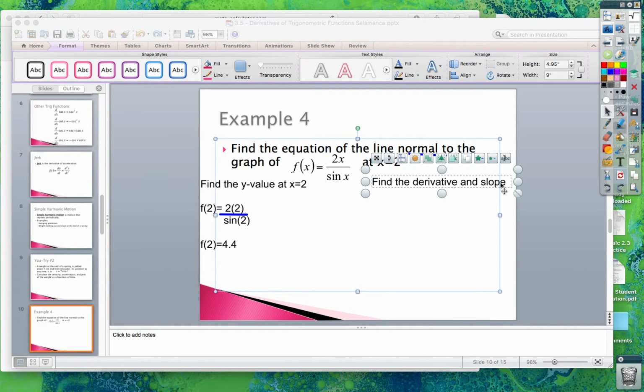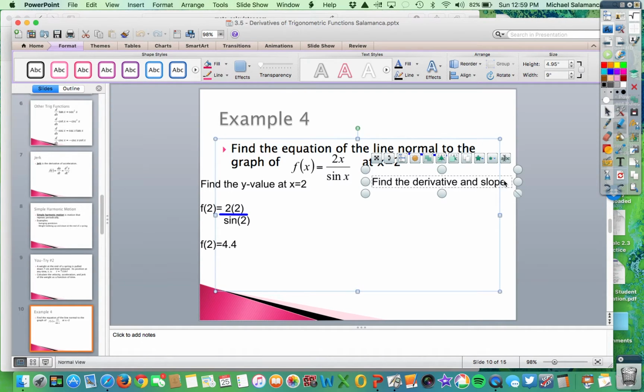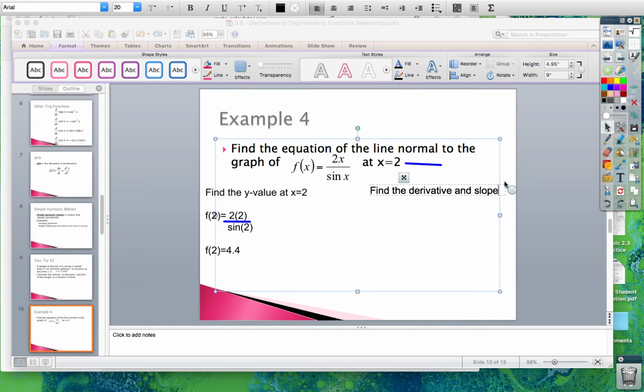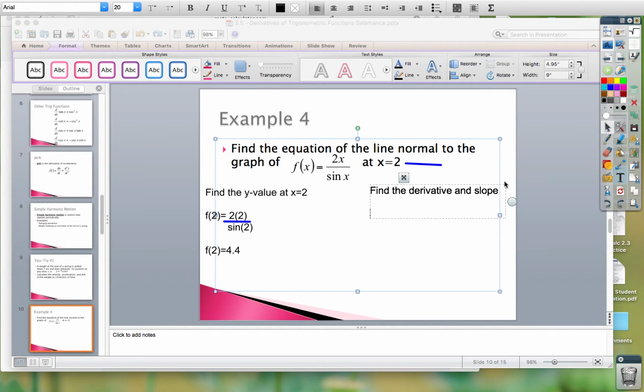So now we have an x and y value here. Now we're going to find the derivative of this. So remember, low d high minus high d low, divided by low squared.